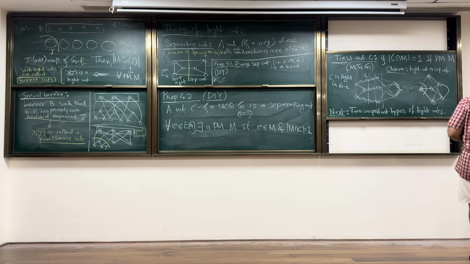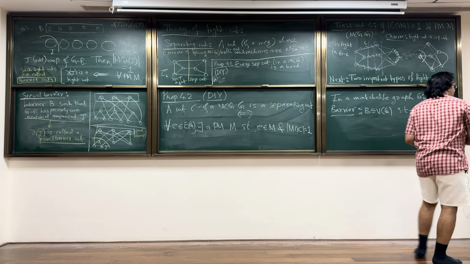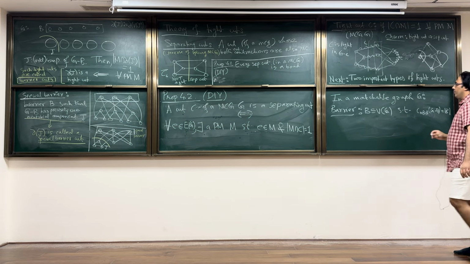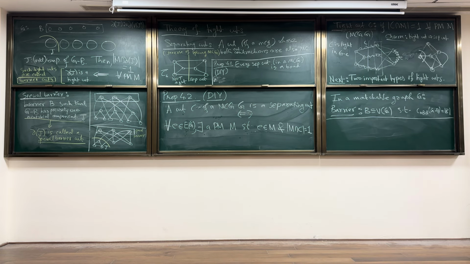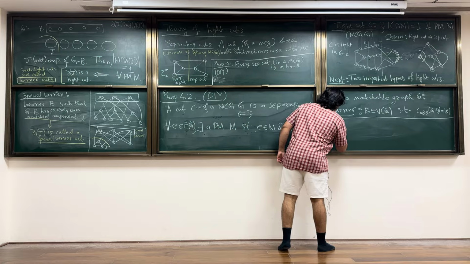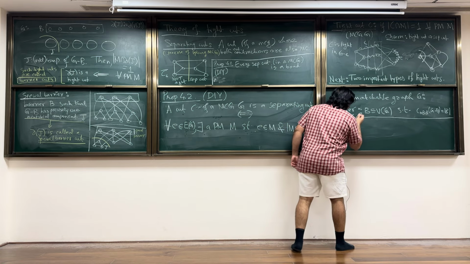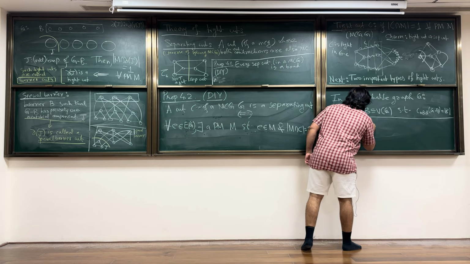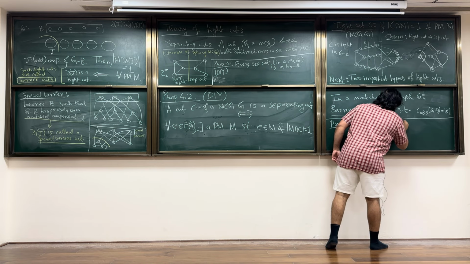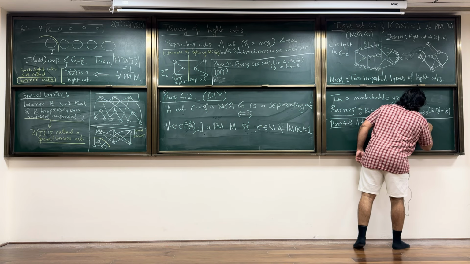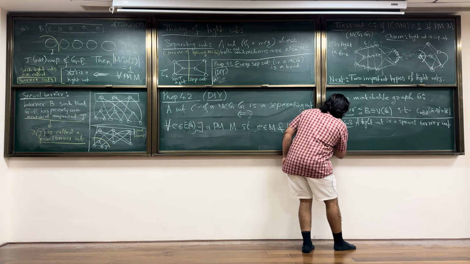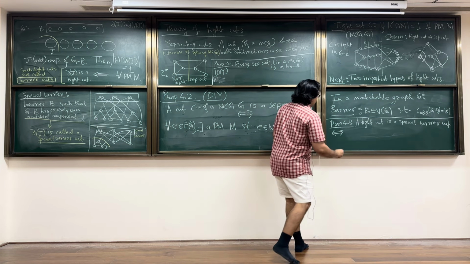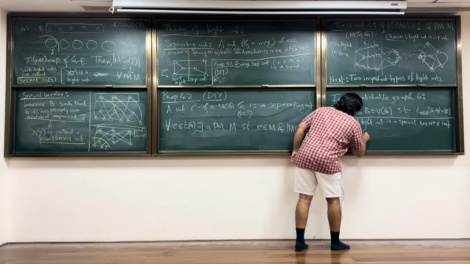Okay. So here is proposition 4.3. A tight cut is a special barrier cut if and only if one of the shores is bipartite.